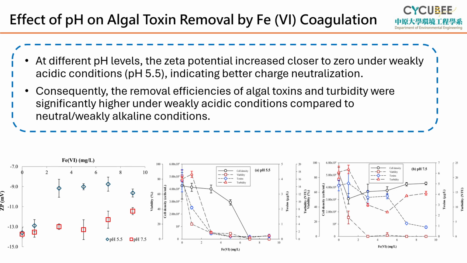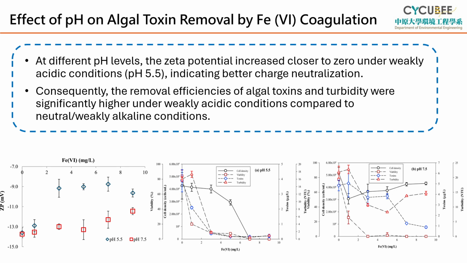So we can see in the figure on the left side, the zeta potential. At pH 5.5, the zeta potential is closer to zero than at pH 7.5. That shows what we talked about before: when pH is lower, weakly acidic, the ferrate(VI) oxidation becomes more powerful.